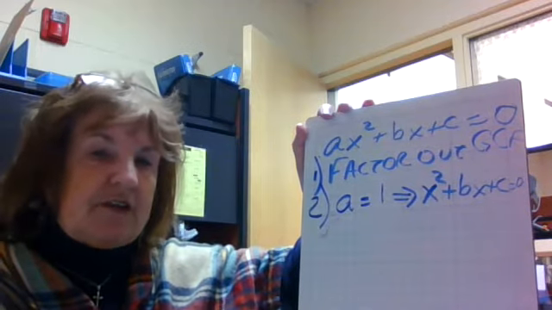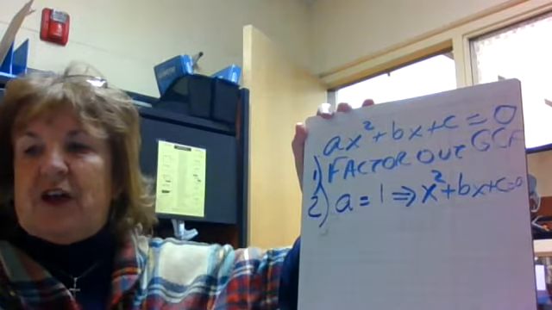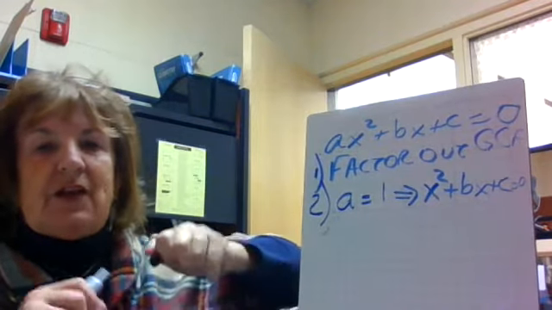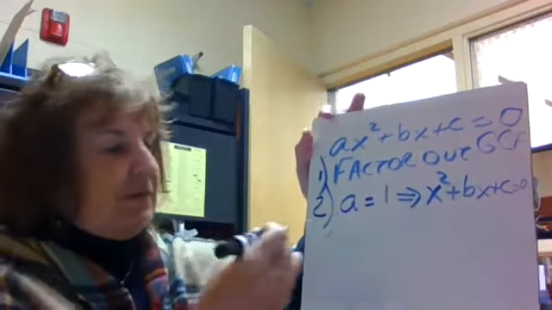So if we're going to factor something that's in that form, we tell ourselves that we're going to be looking for a couple of things. We're going to write it down in sentence form.